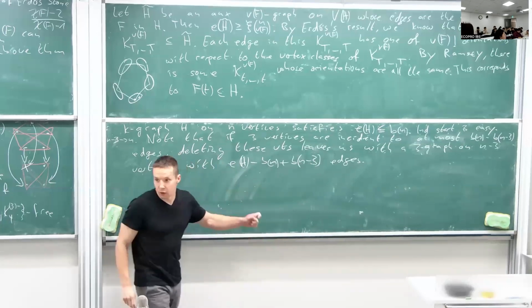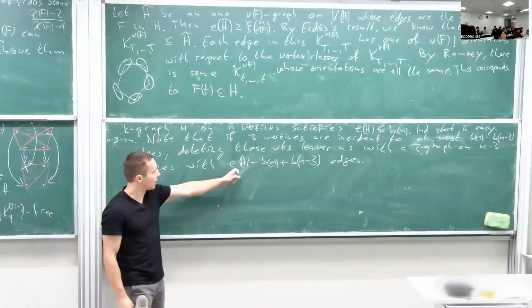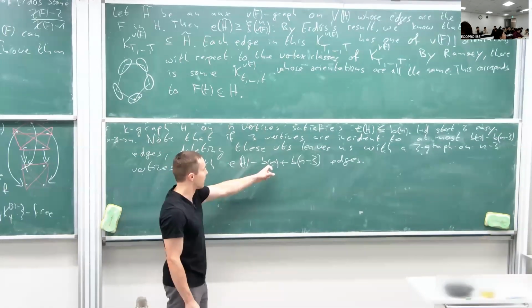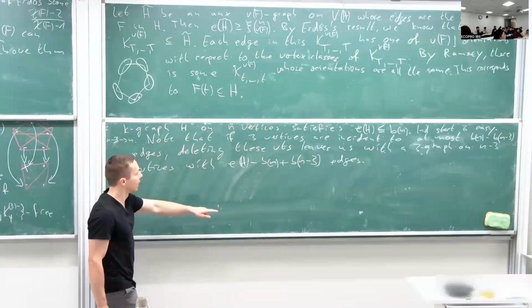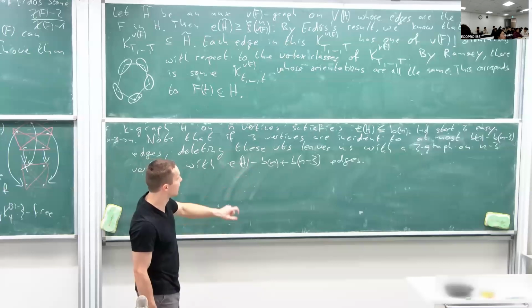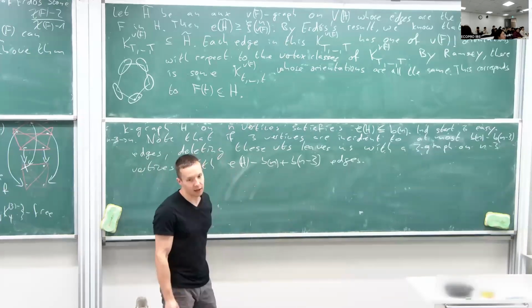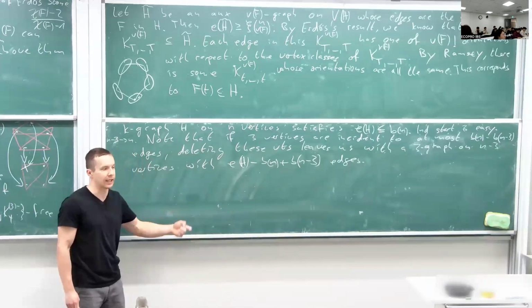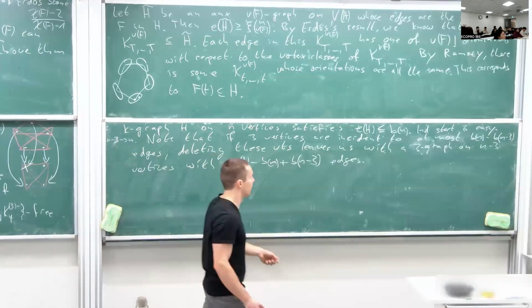So if our H had more edges than B_n, then also this new 3-graph on n minus 3 vertices will have more edges than B_{n-3}, and therefore by induction contains B or a K4 minus.